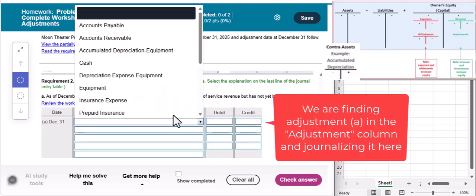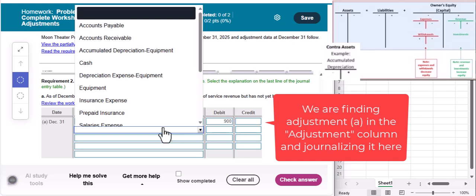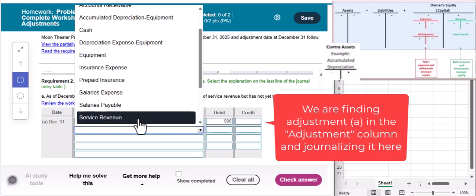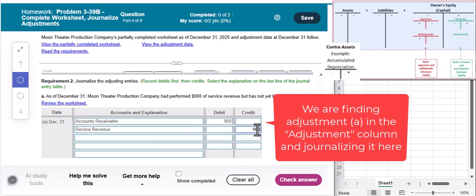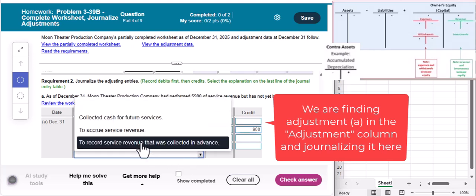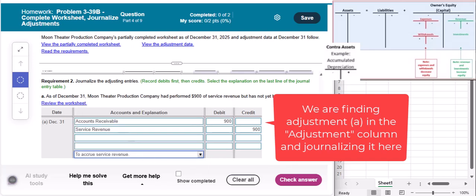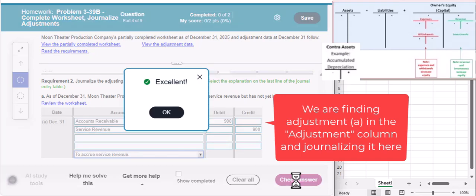So we're going to increase our AR, our accounts receivable, by 900, and our service revenue by 900. So let's take a look at what explanations we have. So we have this to accrue service revenue. So let's go ahead and check our answer for that.